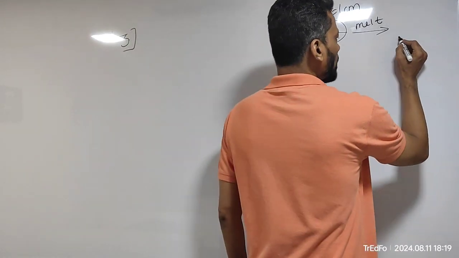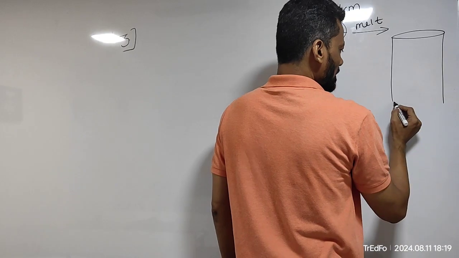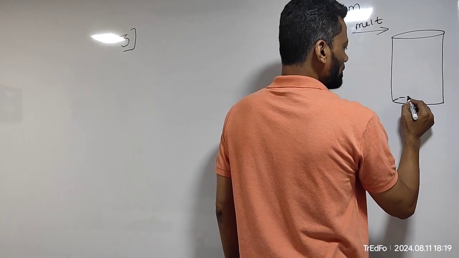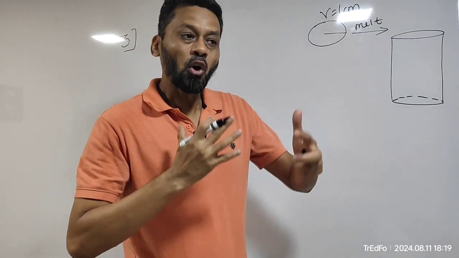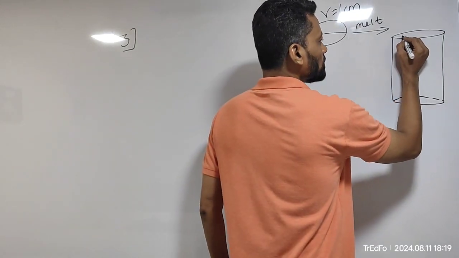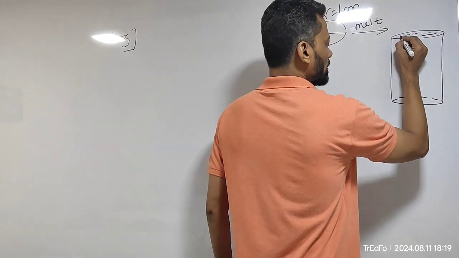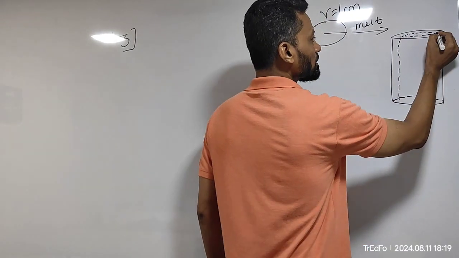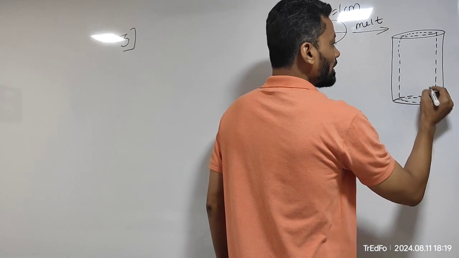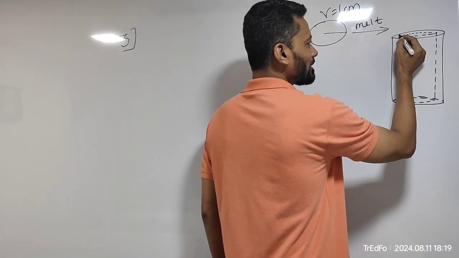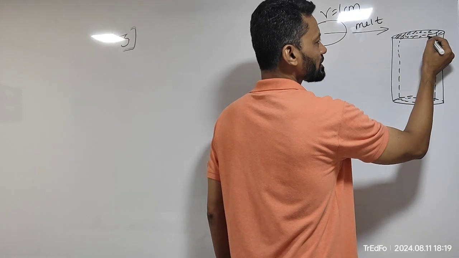Now it is made in the form of a tube. So let's say it's something like this. But when we say tube, what do we mean by tube? Tube means it's a hollow cylinder. If I draw a proper diagram, it would be something like this. That means there will be empty space inside, and only this much area is used for casting it.